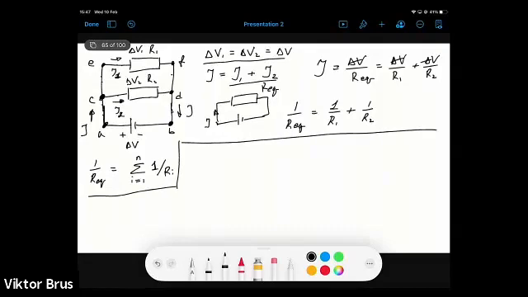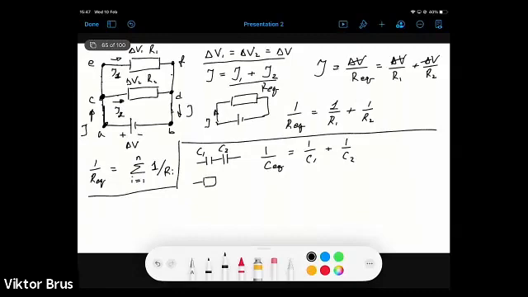And we see that if we compare now connections of capacitors, there is some discrepancy between them. So first of all, if we connect two capacitors in series, we get this equation: 1 over C equivalent is equal to 1 over C1 plus 1 over C2. So we get a smaller equivalent capacitance than the smallest capacitor which is connected in series.